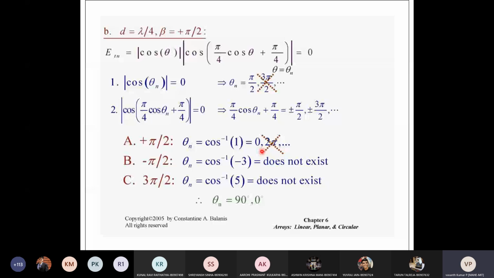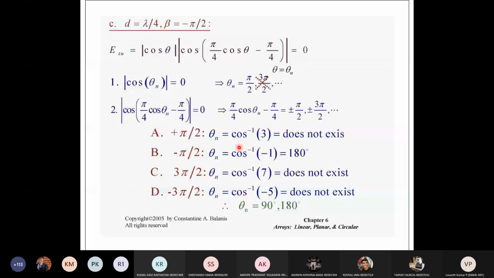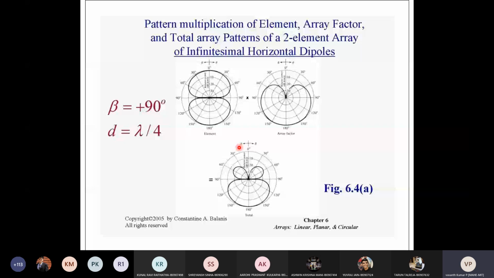See here, this expression at theta is equal to 0. So 90 degrees is for the element factor, and 0 degrees for the array factor. So the overall pattern would be like this.